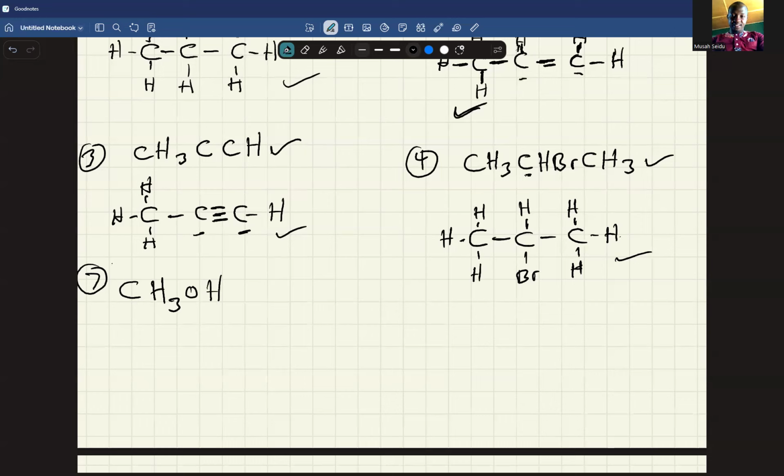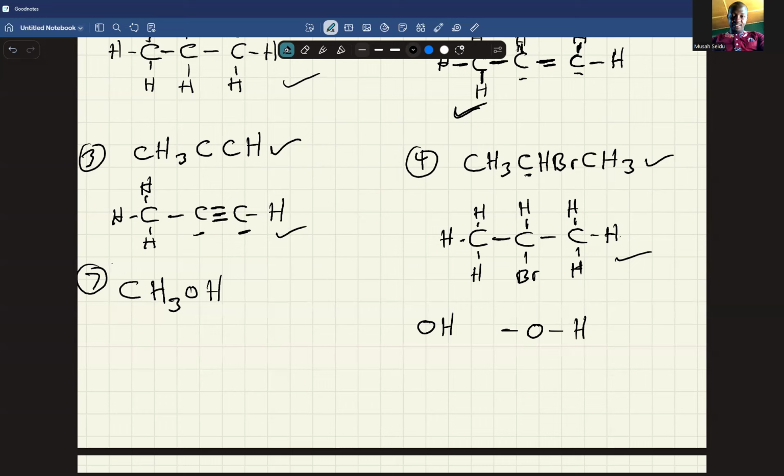So for the OH, whenever we see OH bonds, O can form 2 bonds, H can form 1 bond. So this is what we have to do. That is how to do the structure for OH bonds.